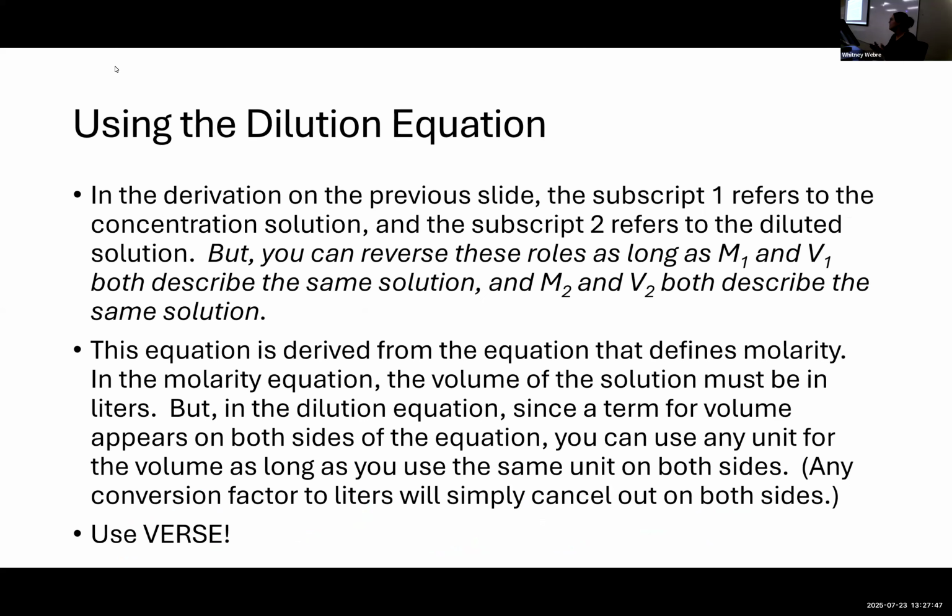But like I said, it doesn't matter as long as you're consistent. You'll be right either way if you were to flip-flop those numbers. This equation is derived from the equation that defines molarity. In the molarity equation, the volume of the solution must be in liters, but in this one, it doesn't matter. And then I do recommend using VERSE when you solve for these problems.